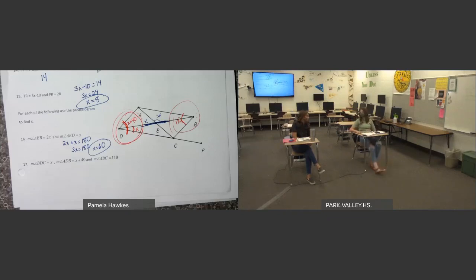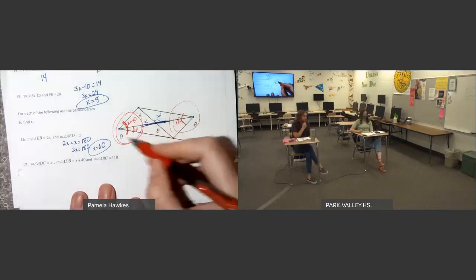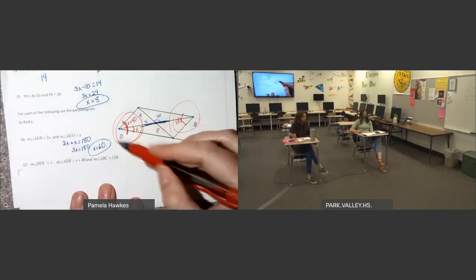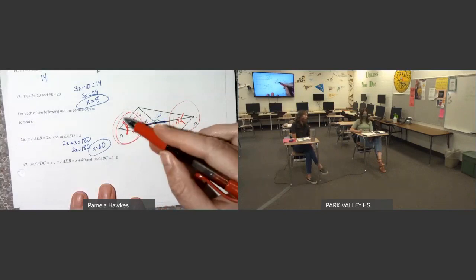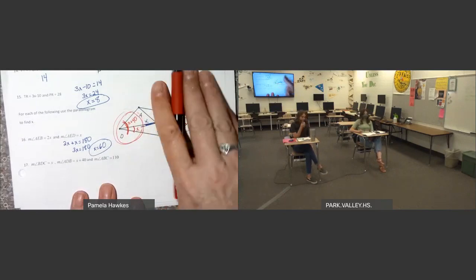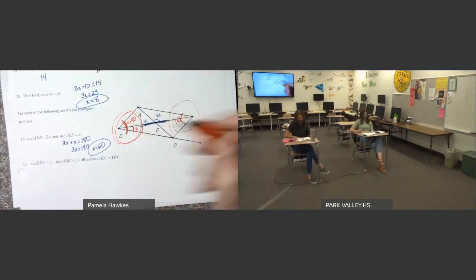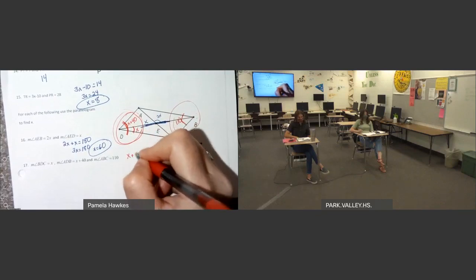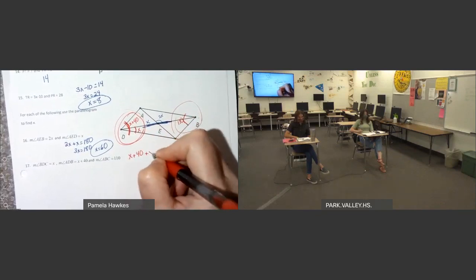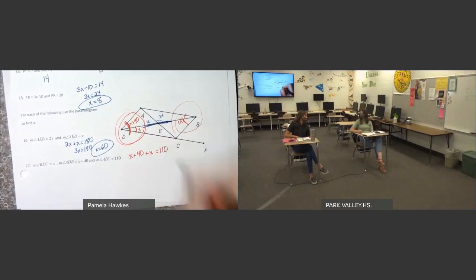Yeah, that's where I was at too. But what do you know? These two angles equal together. What do they equal? When I add those two angles together, what do they equal? 110. How did you get that? Yeah, they're same as the other side. So if I add the two angles together, I get 110, right?